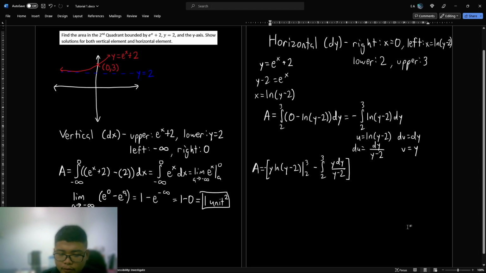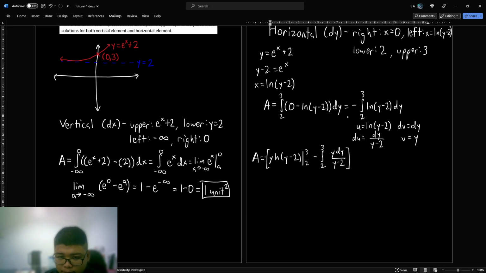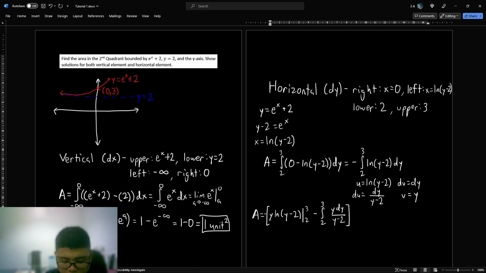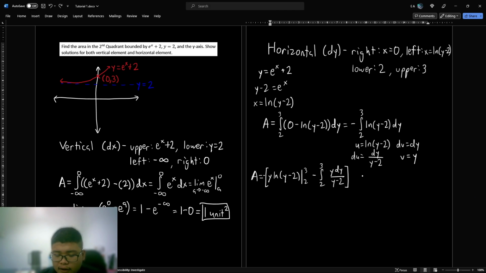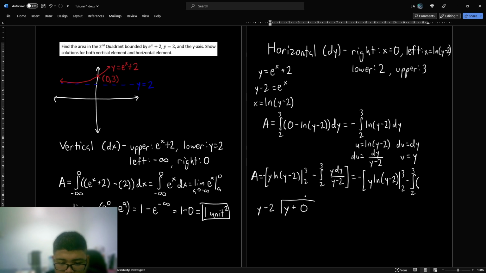In order to solve for the second integral, we're going to have to use long division. If we use long division, we are going to be getting the integral from 2 to 3 of 1, then y minus 2.